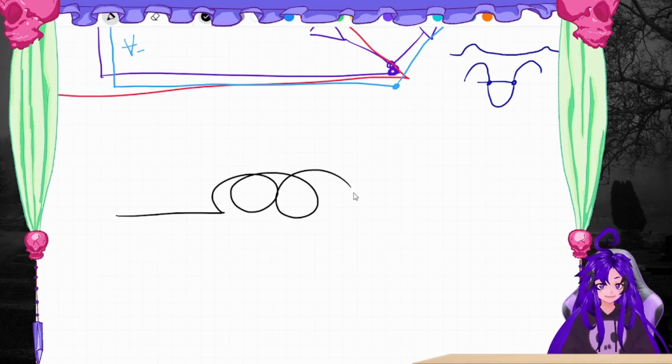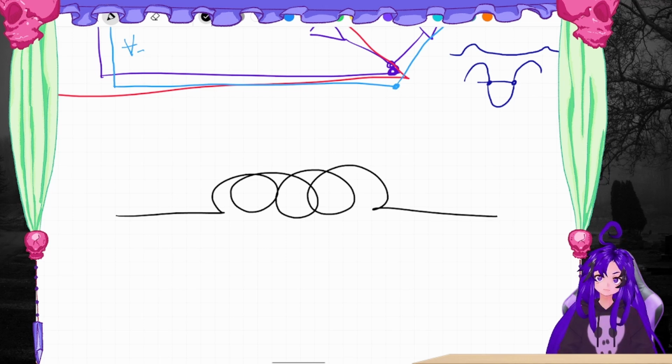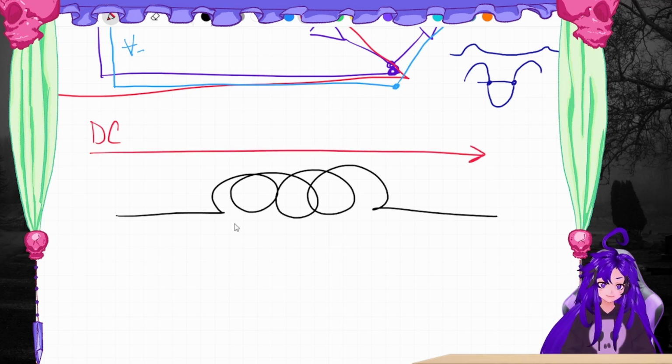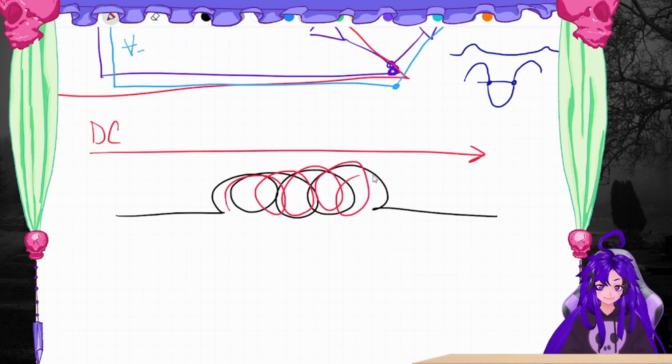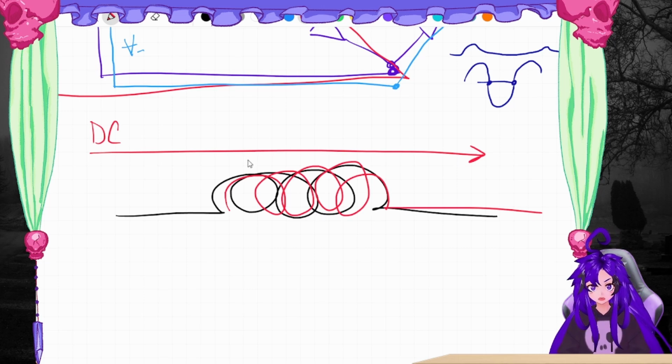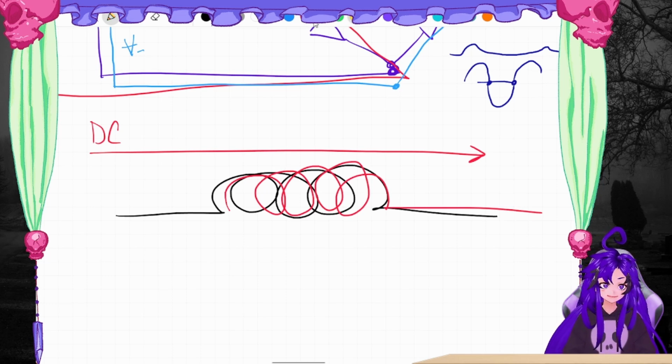So inductors are these guys, right? In DC, it just goes straight through. Now it goes a long way because there's a ridiculous amount of wire here, but it's just going one direction. So the electrons are going in one direction, and the perpendicular magnetic force is just going in one direction.